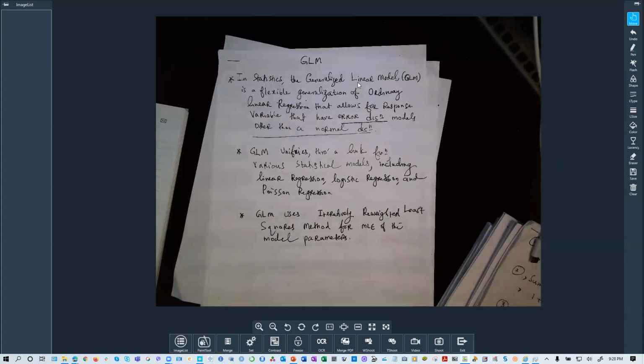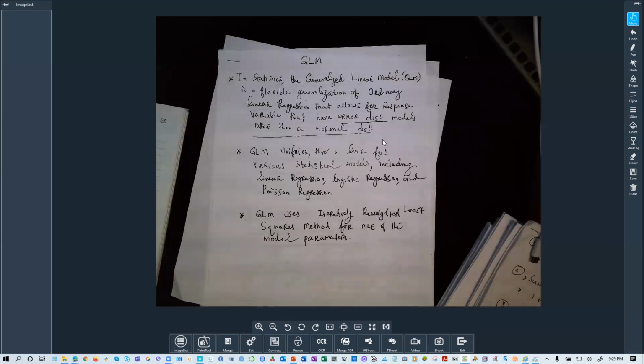GLM. In statistics, the generalized linear model or general linear model, some people call it general, some people call it generalized linear model, is a flexible generalization of the ordinary linear regression that allows for response variables that have error distribution models other than a normal distribution.